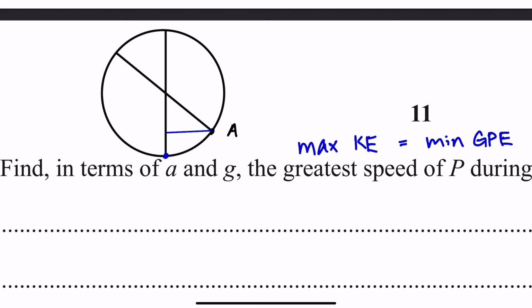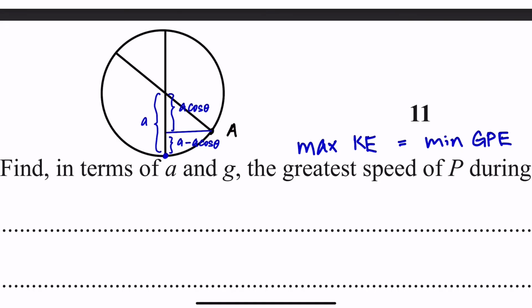What is this height over here? Okay, we know that this whole thing is a, right? And this thing is a cos theta. So this thing here would be a minus a cos theta.